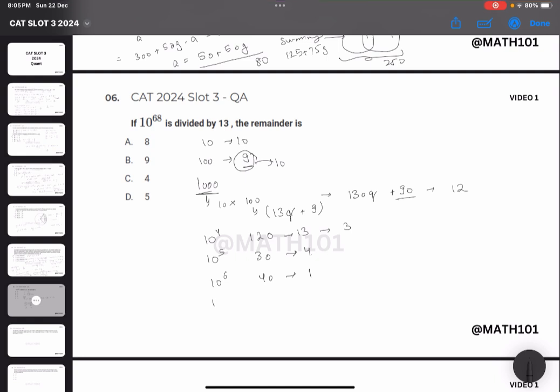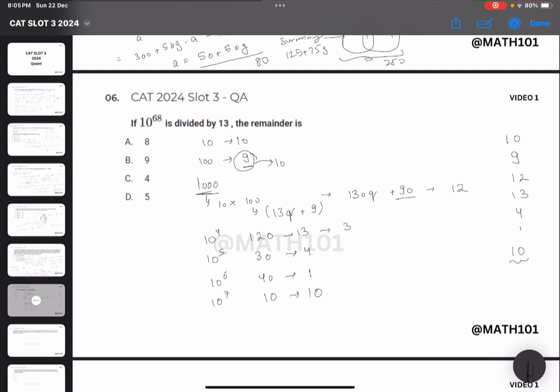For 10 to the power of 7, we'll see what 10 leaves as remainder, which is 10. So we have 10, 9, 12, 3, 4, 1 and 10 again.